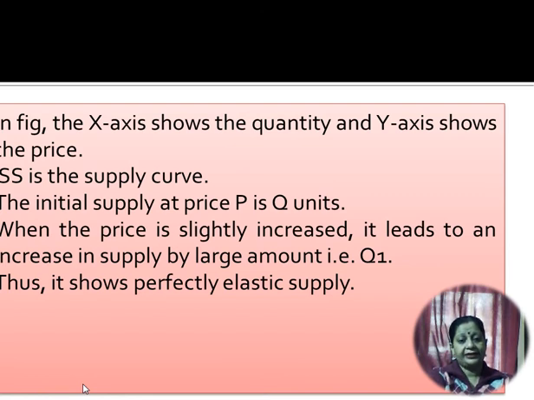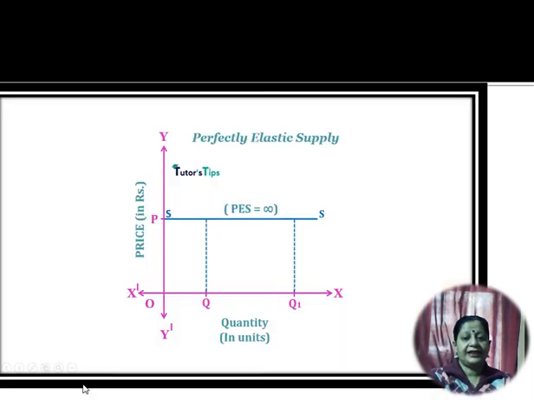SS is the supply curve. The initial supply at price P is Q units. When the price is slightly increased, it leads to an increase in supply to Q1. This shows perfectly elastic supply. So here you can see that from Q the supply becomes Q1. So here we can see a straight line, and that straight line is known as the supply curve.